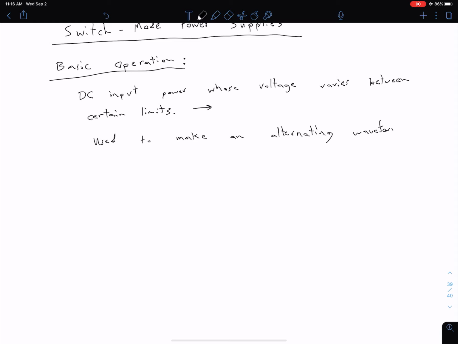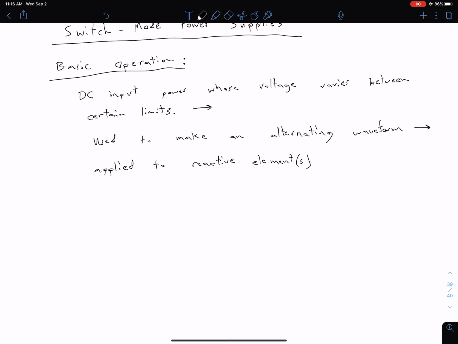One way that we're going to do that is by using diodes to allow parts of the waveform to go through at certain times. And this alternating waveform is then going to be applied to certain reactive elements in the circuit. By reactive elements, I mean elements that are going to be storing energy.